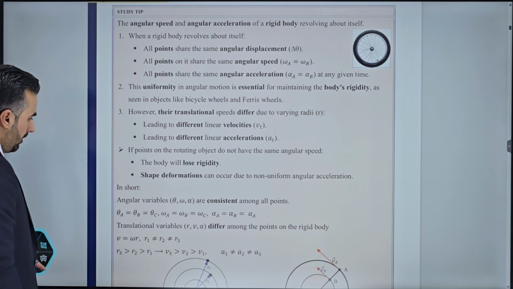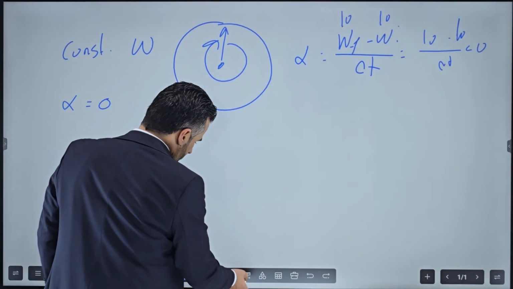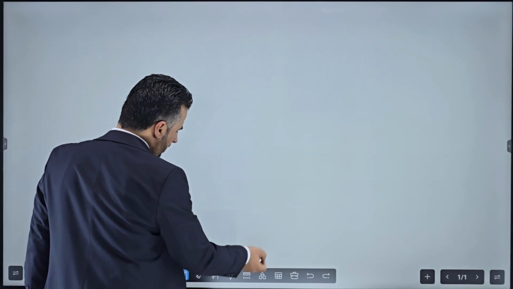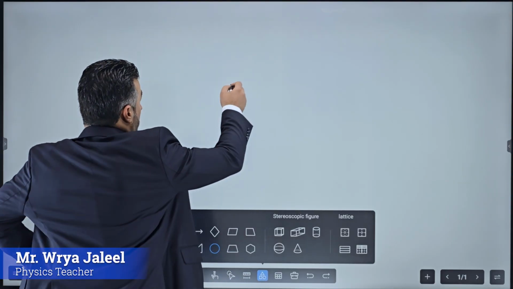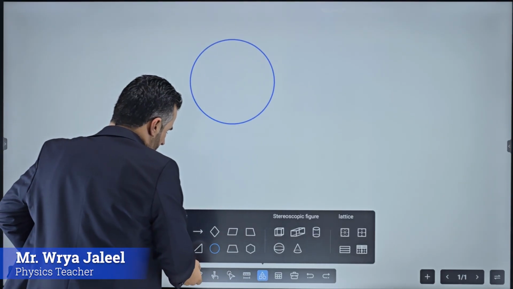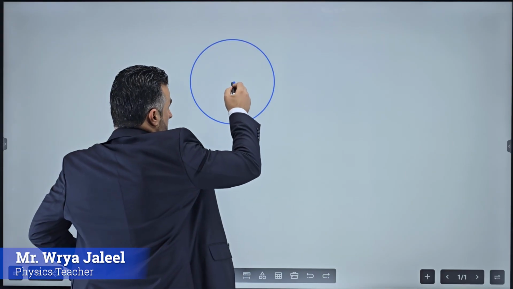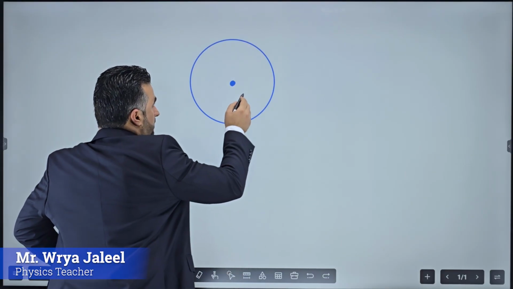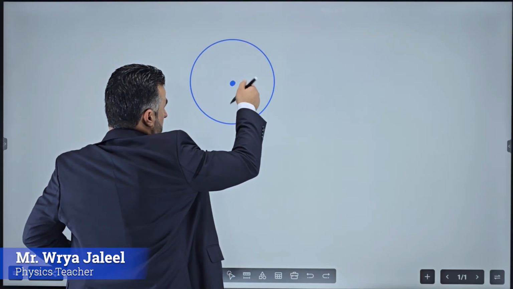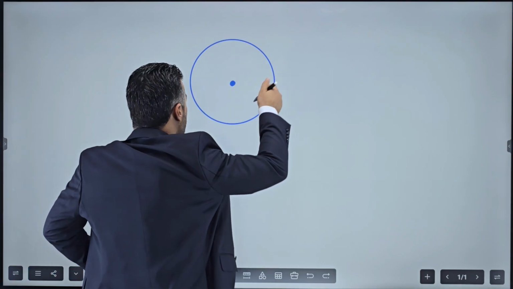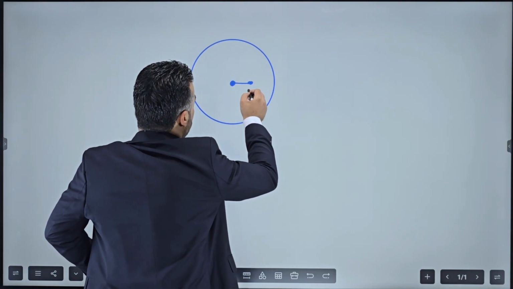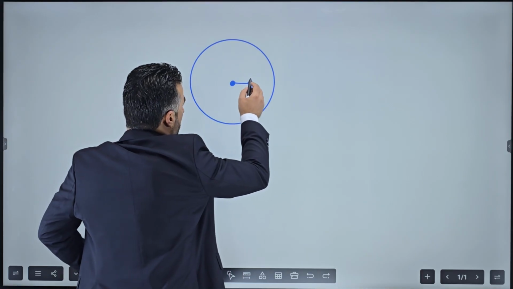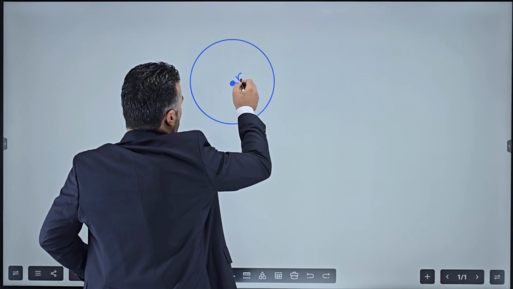Let's just think about a disk or a plate, it doesn't matter. So here we have a solid plate. Now this is the center of the plate, or you can say the axis of rotation if you ever rotate that plate. Let's take 2 points here. That is point A, let's say, and it has a certain radius. We can call this RA.